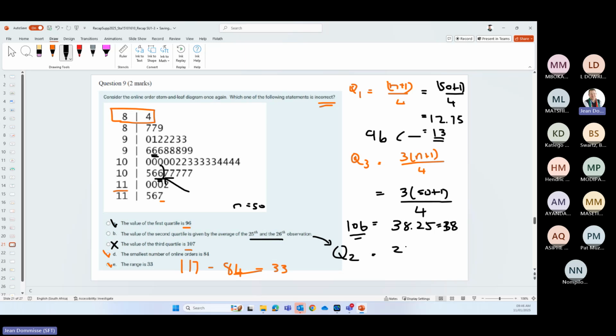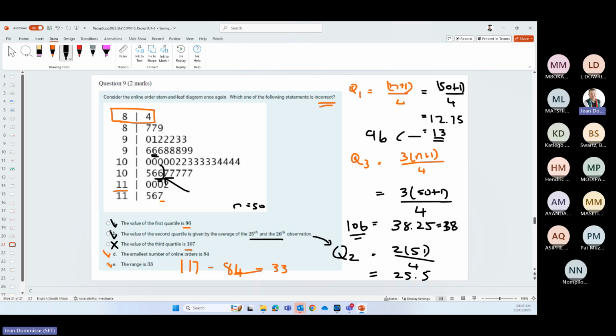So 2 times 51 divided by 4, that's 25.5. And if you look at what's in the middle of 25 and 26, it is 25.5.